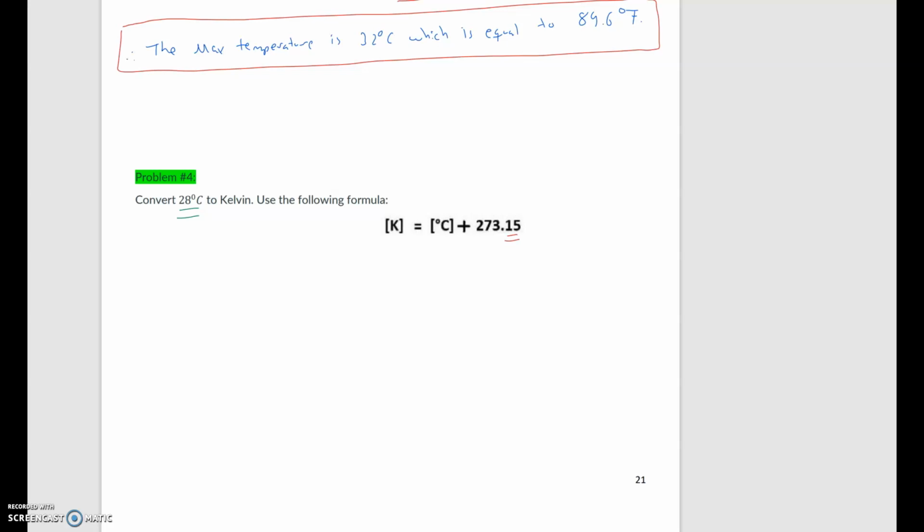So we're just going to say that in this formula, C is equal to 28. And then K is equal to 28 plus 273.15. So that's going to be 301. So K is equal to, I'm getting 301.15.